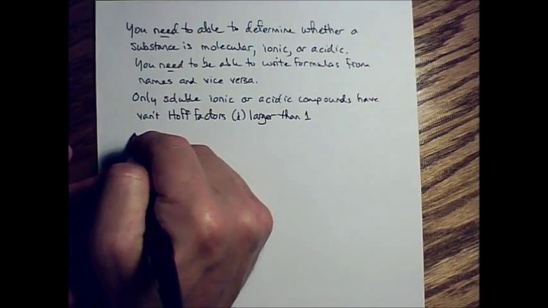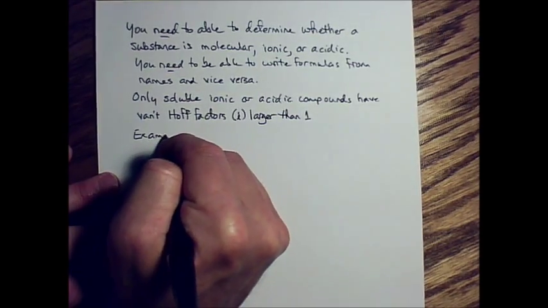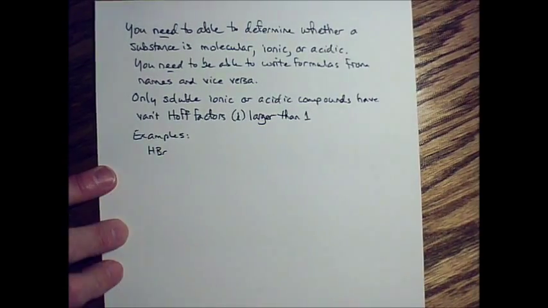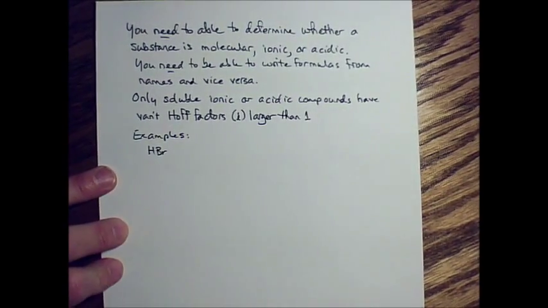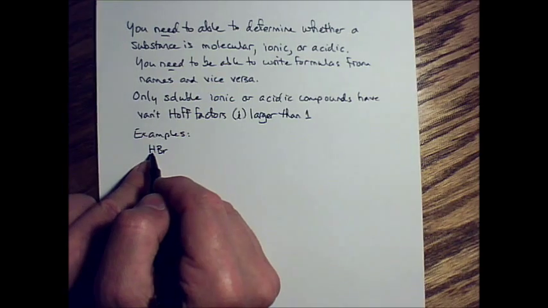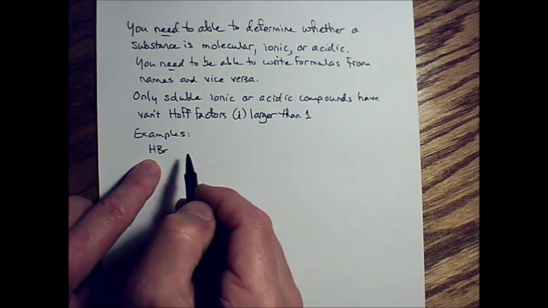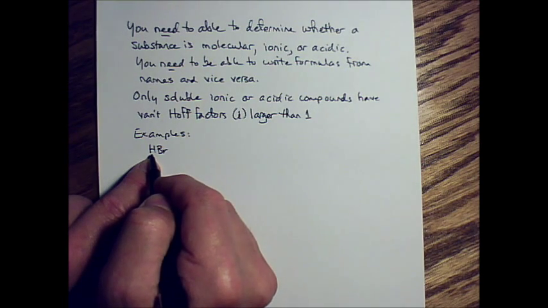Some examples. HBr, you should know from the formula that this is an acid. And you should know from the fact that this H is on the front. Other than water, almost any compound with H on the front is going to be an acid.